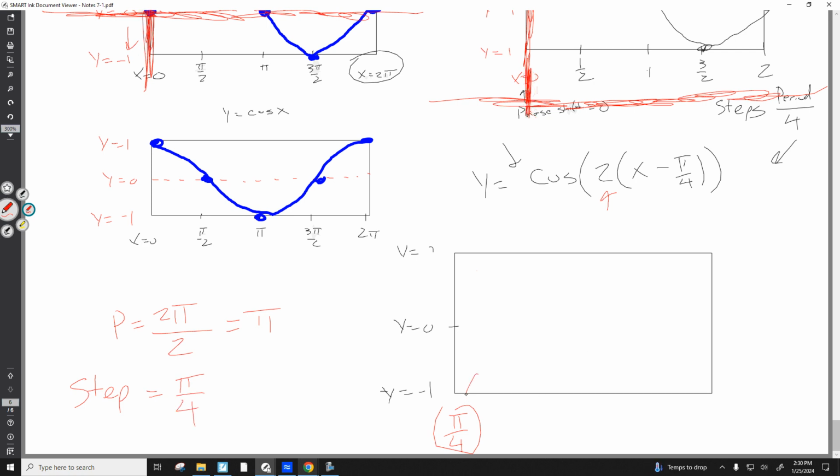We will add pi over 4s 4 times. If you start at pi over 4 and your period is pi, you have to end at 5 pi over 4, and you have pi over 2, 3 pi over 4, 4 pi over 4 along the way, which you can simplify. The graph of cosine starts at a max, hits a min, goes back to a max. You've just adjusted.